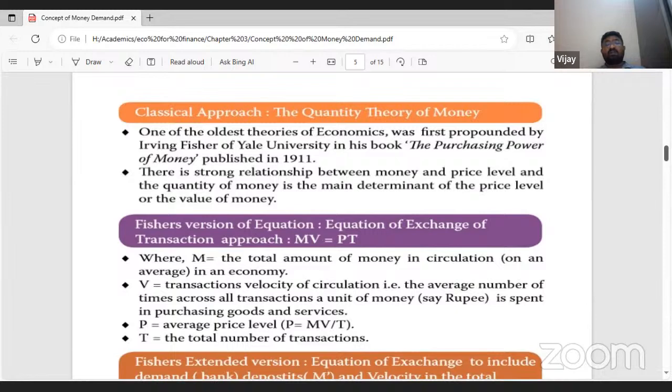Then this 10 into 100 will be the 1000. So here the assumption is that whatever money I possess will be spent on goods and services. This is the assumption of Irving Fisher.